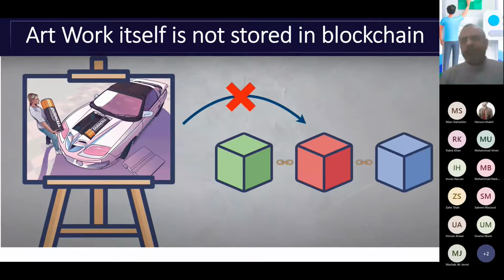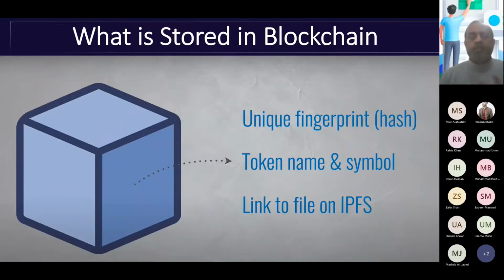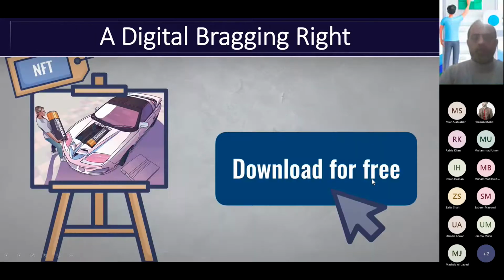So the actual digital file is not stored in the blockchain, rather it is stored somewhere else, and that is an IPFS, the Interplanetary File System, and it's a new peer-to-peer web like blockchain, and we'll learn more about this. But you have a unique fingerprint and a token name and a symbol that gets onto a block.